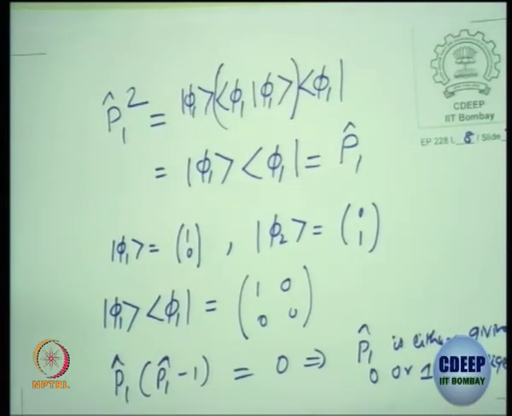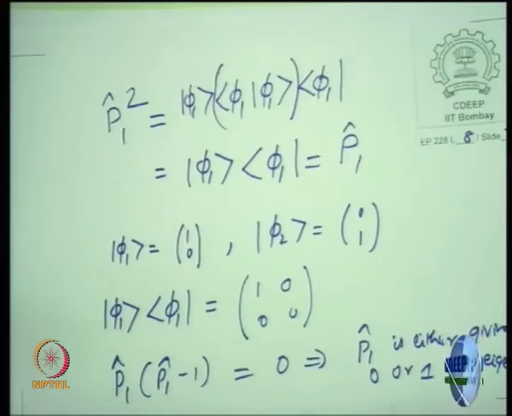This is a product of two operators, so this condition will tell me that P1 is 0 or P1 is equal to 1, that is all I am trying to say. And it should also satisfy P1 squared equal to P1. With these constraints, these are the only possibilities.